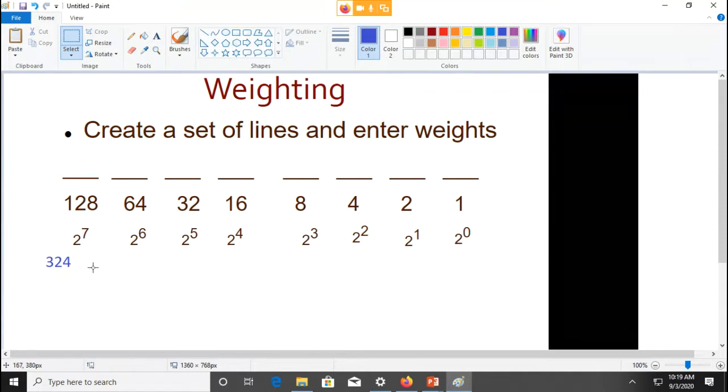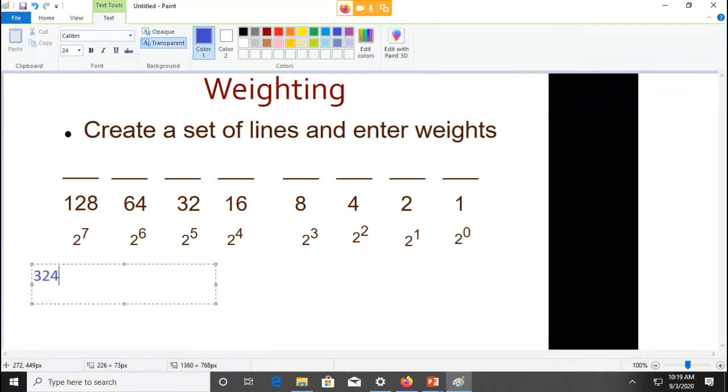And so what I'm going to do is divide 324 by 128. When we do that, we're basically saying, can the number 128 go into 324?